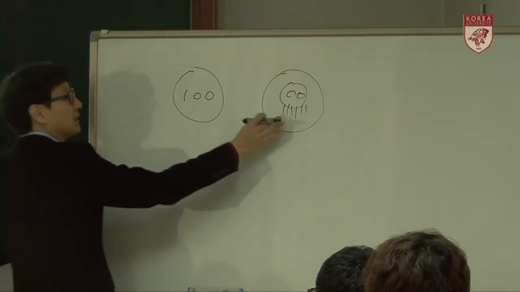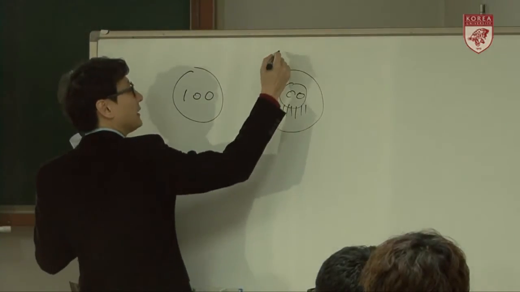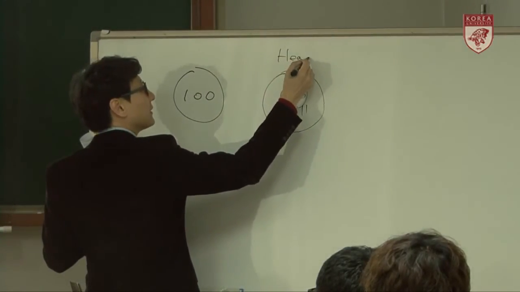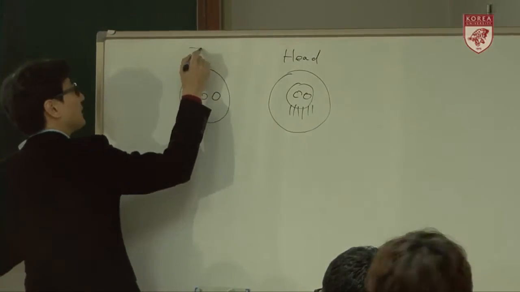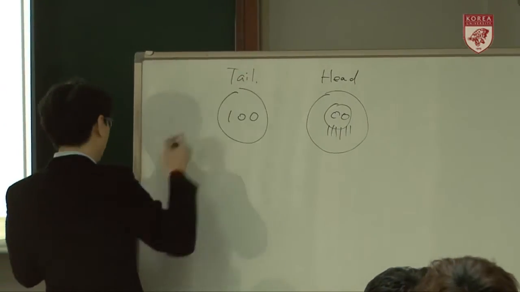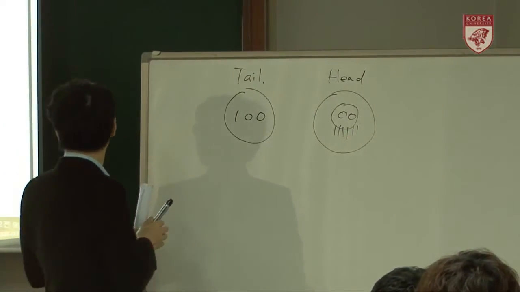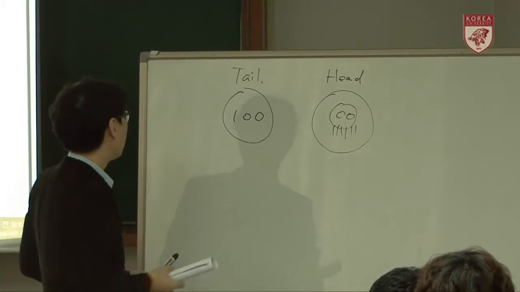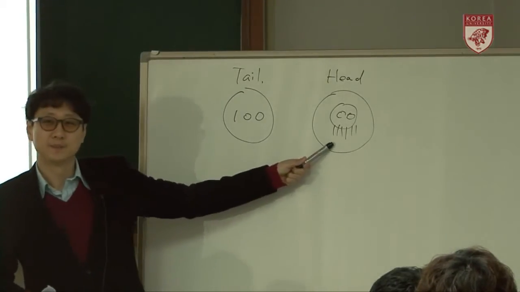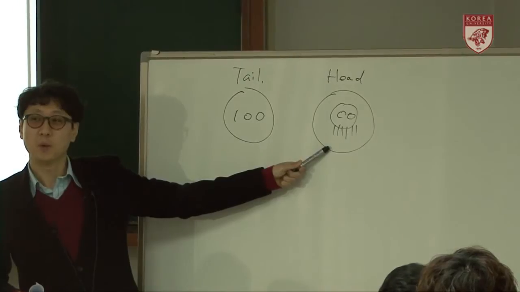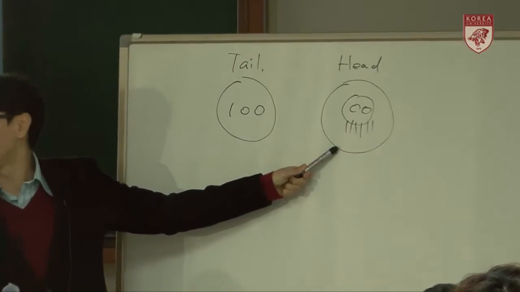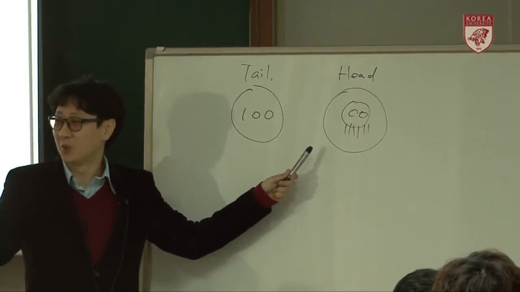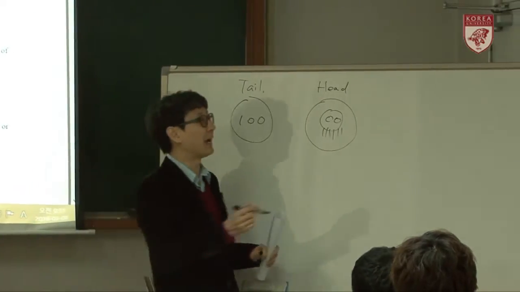People usually say the face side is head, and the number side is tail. For the fair coin, what's the probability of getting head? 0.5, 50% or half. You already know. Okay, then we have a dice.